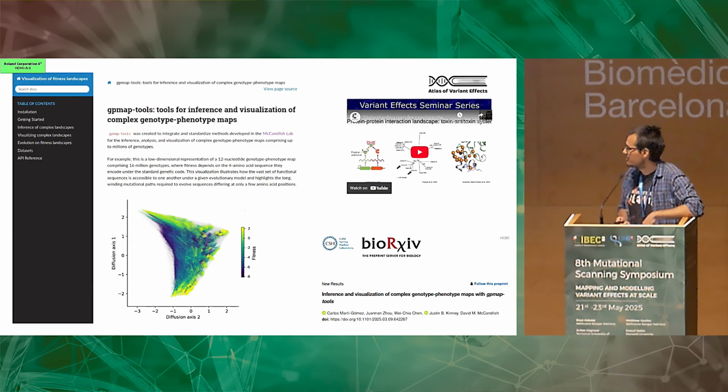In the past, we've been dealing with this problem by using a bunch of mathematical tricks that allow us to do this computation for millions of genotypes whenever we can enumerate all possible sequences in the space. These tools are implemented in this Python package that is very originally called GPMap tools. And I talked about this in the variant effects seminar series. We have a preprint.